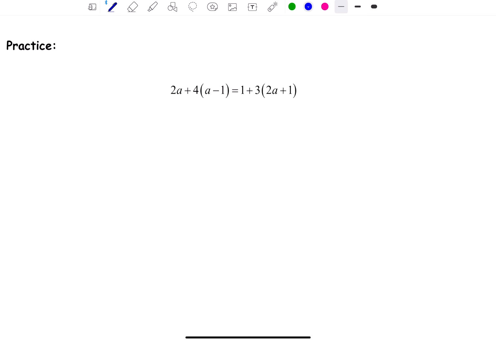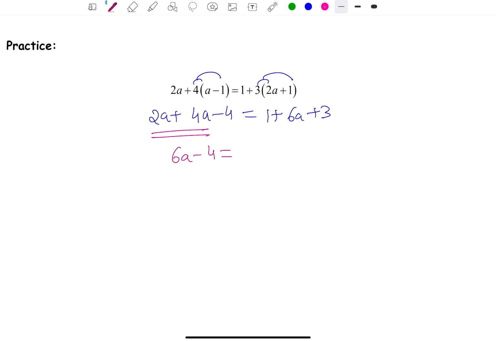Let's go ahead and try to solve it. First step would be to distribute 4 inside and 3 on the right hand side. 3 times 2 is 6a plus 3. Combine like terms on the left hand side and like terms on the right hand side. It's time to bring variables to one side.